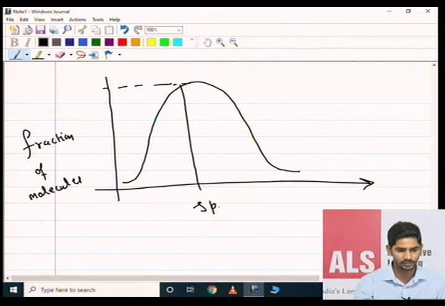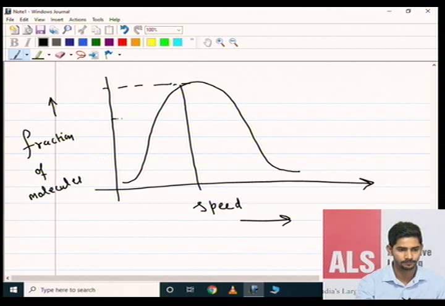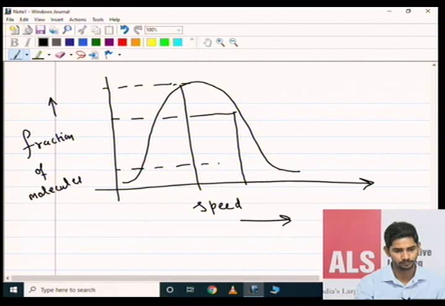And here we have got the speed. In this direction speed is increasing, and in this direction fraction of molecules is increasing. This is point A, B, C. This is 1, 2, and 3.